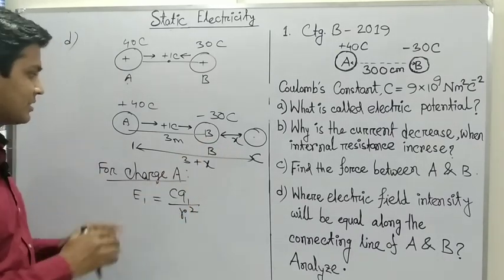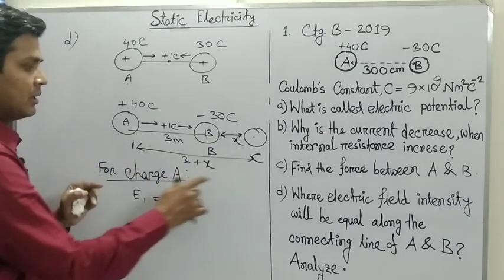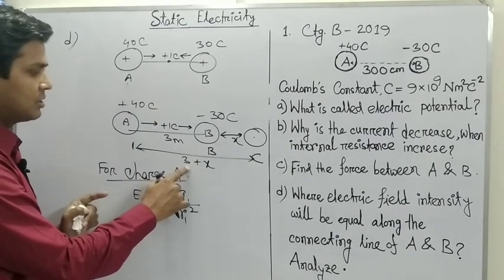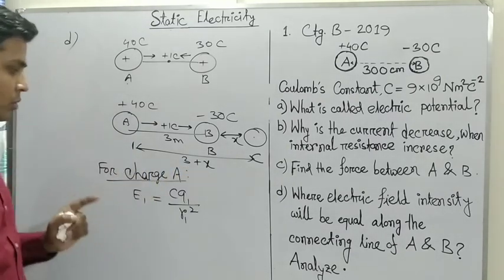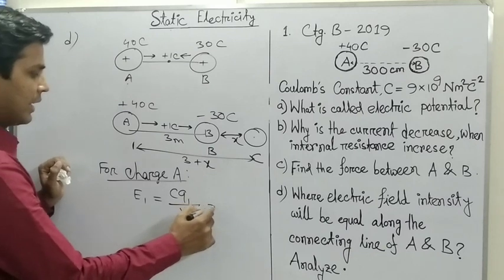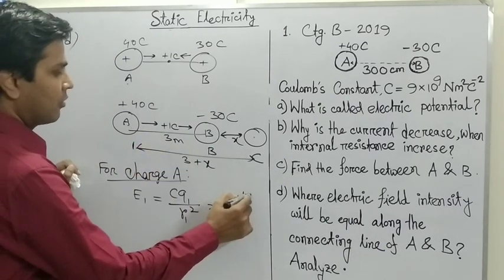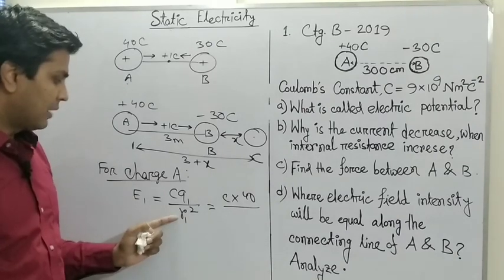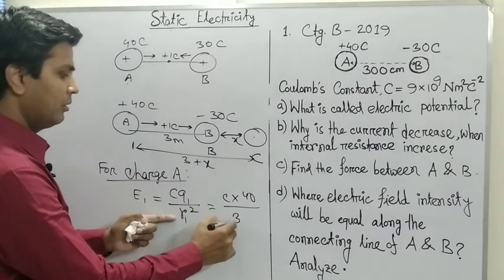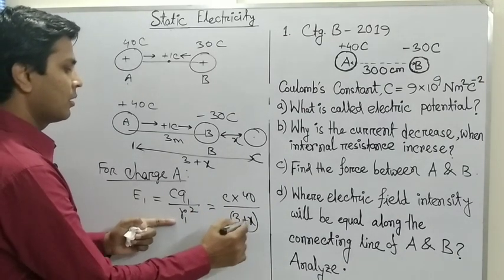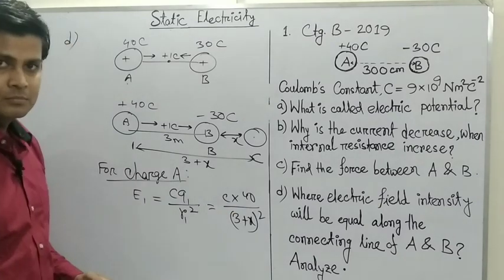So what is the distance between A and C? Definitely 3 plus x. So if we put the values, we can write k, the value of Q1 is 40 and the value of r1 is 3 plus x whole square.